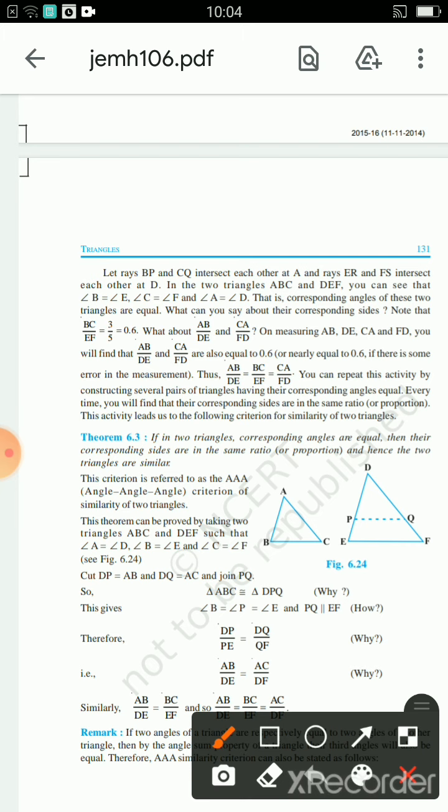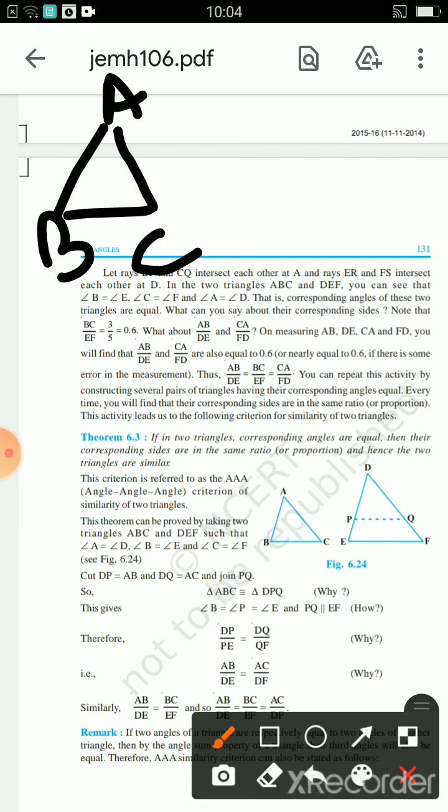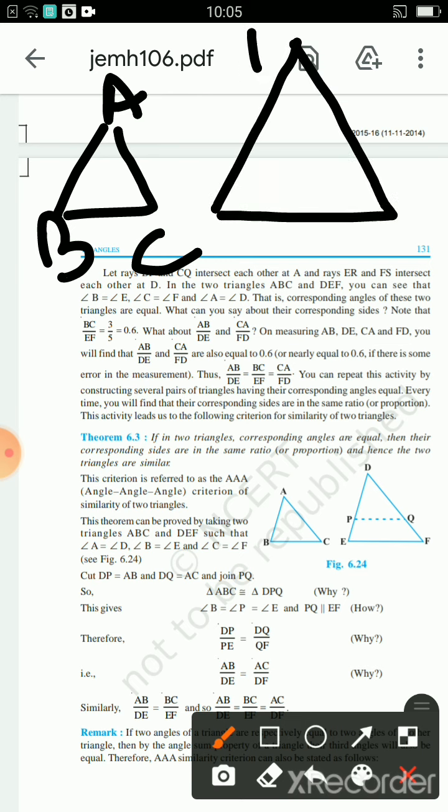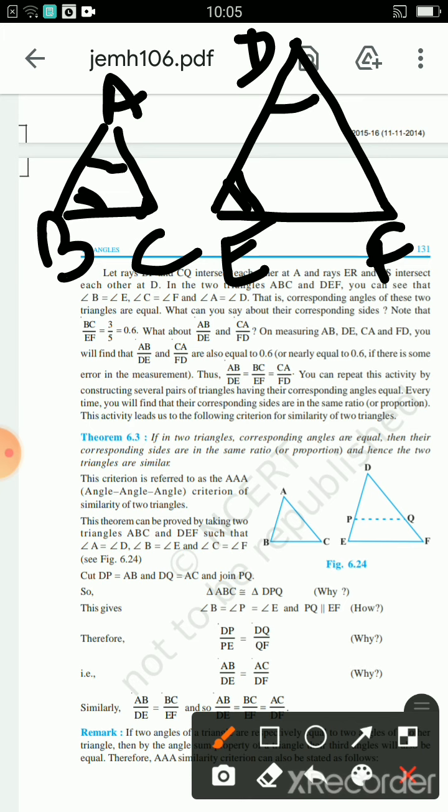You draw a triangle ABC, another triangle DEF. First of all we construct a triangle DEF such that angle A is equal to angle D, angle B is equal to angle E, and angle C is equal to angle F. This we have constructed.